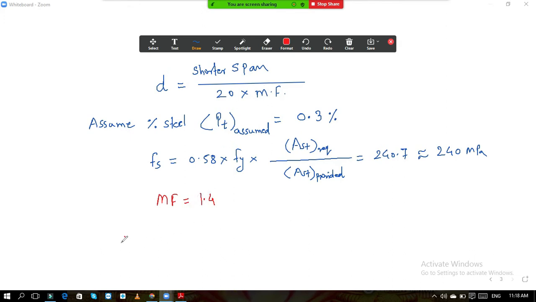So now effective depth D is equal to 4000 divided by 20 into 1.4, which, if you calculate, works out to be 142.85.